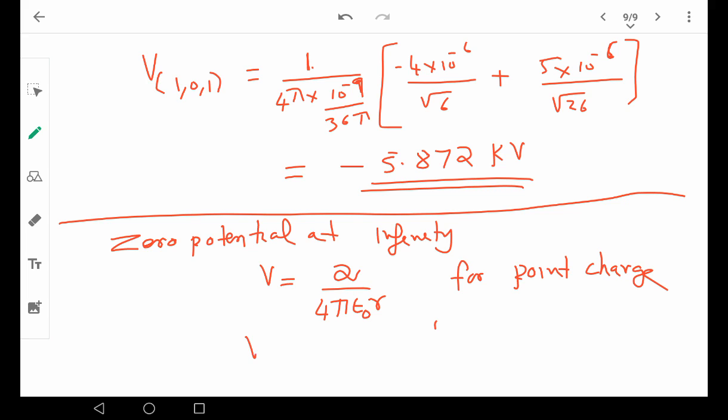And for a line charge, you can write it as VL equal to minus rho L by 2 pi epsilon 0 Ln rho.